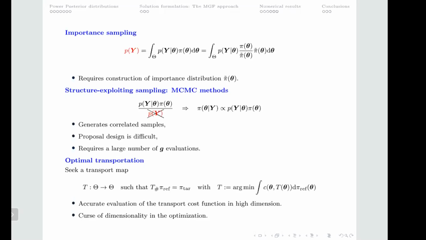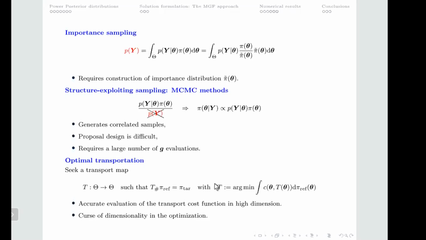Although you have two approaches of doing it. You can map via samples of the target distribution. In that case, you have to construct the inverse of T. In the other case, if you want to map via the evaluation of the target distribution, you have to construct T itself.